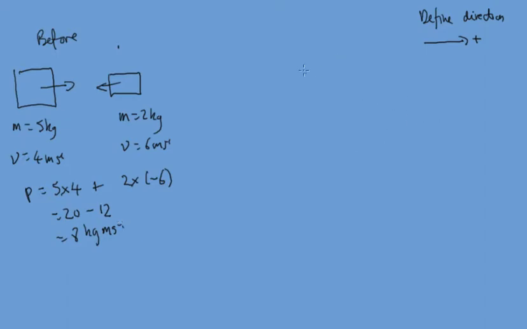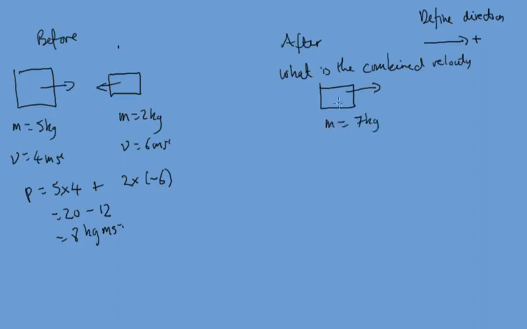Now, after the collision, we want to find out what the combined velocity is going to be. These two masses join together and go off in some direction. So the mass is now 7 kilograms.